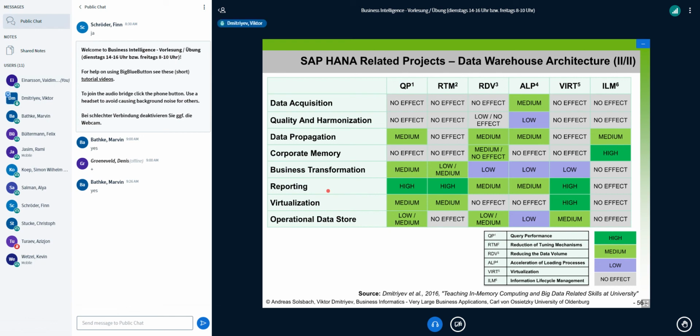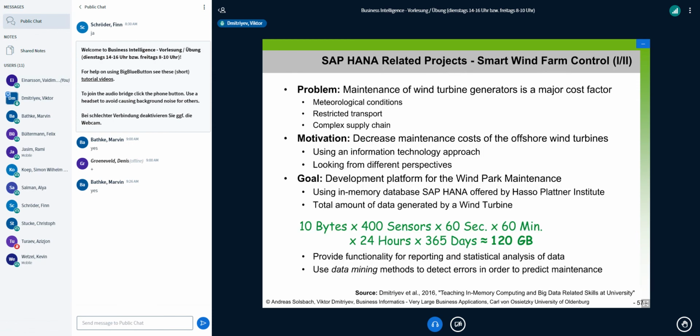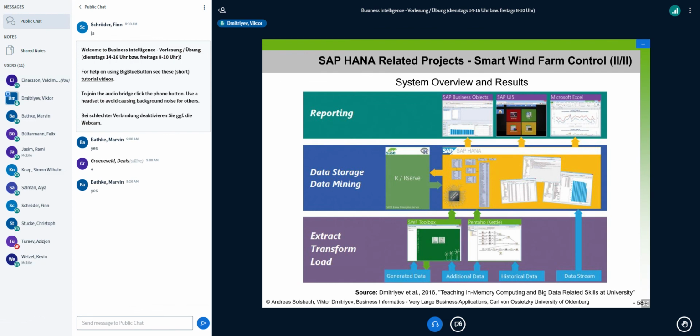This is how one could interpret such results, or how you should make a decision whether to use a particular technology or not. Another example that we did is running analytics inside HANA. Actually, not me, I was not involved back then, but the students did it. Again, in the core you have data storage and data mining.